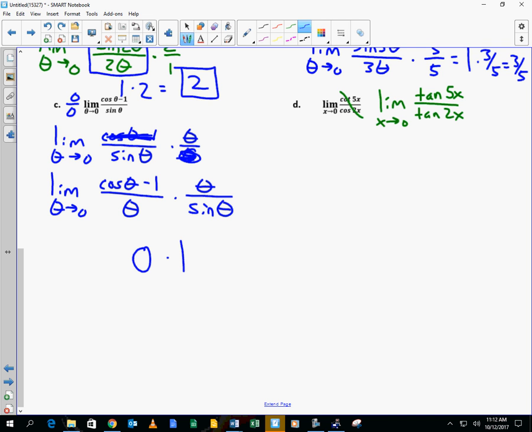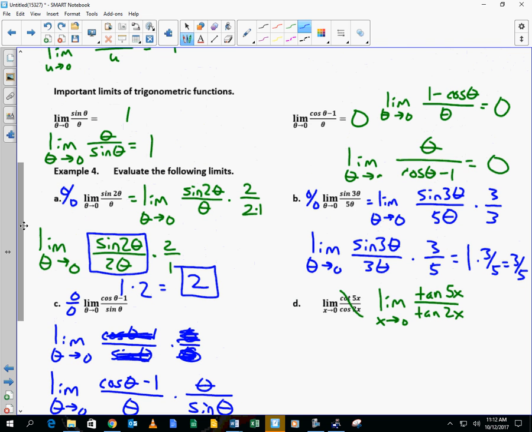And 0 times 1 is, hey, so I just crossed it off because I used it up. So my cosine of theta minus 1 over theta is right here. And then my theta over my sine of theta is right here. The limit as theta goes to 0 of theta over sine of theta is 1. We have that right here.